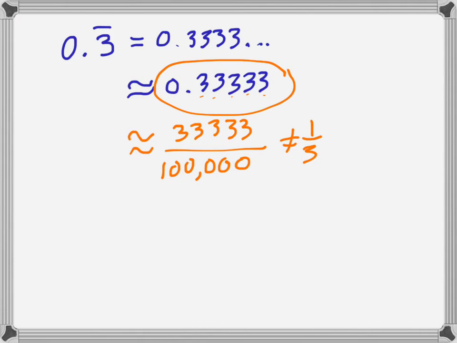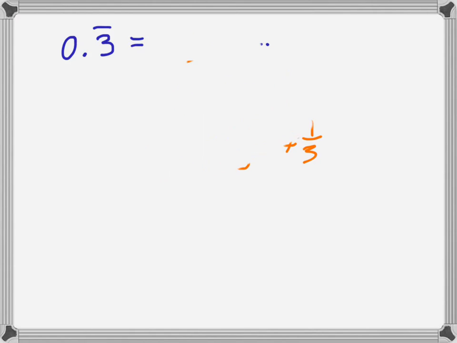All right, so let's try this. Let me erase this. Okay. So here's what we do. We're going to use the variable x, and we'll say that x equals our original decimal, 0.3 repeating.